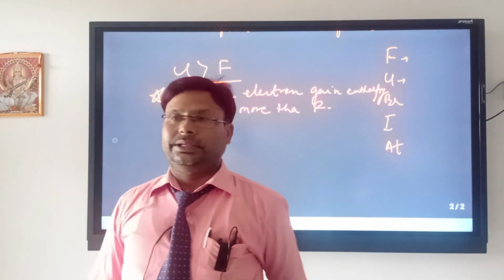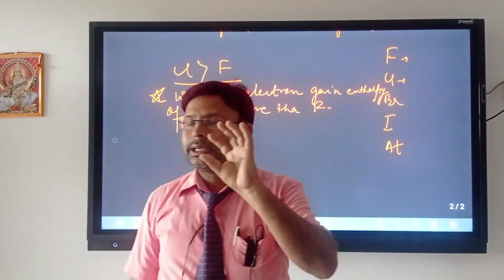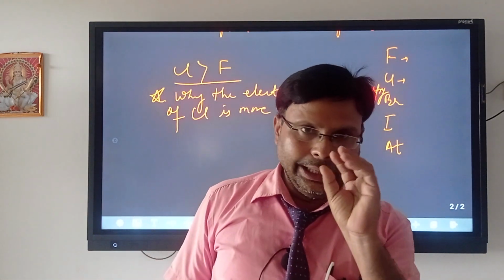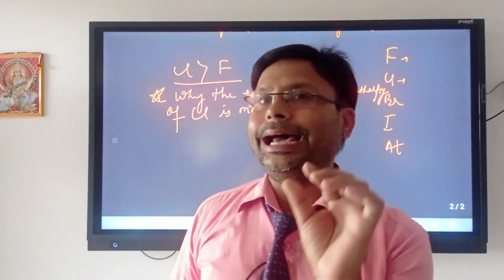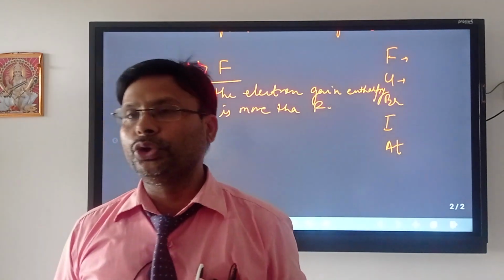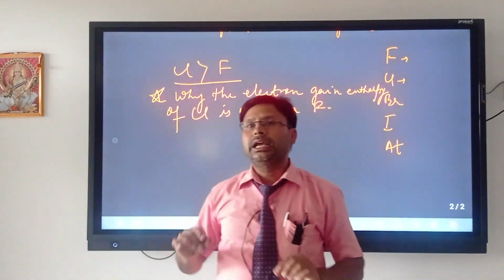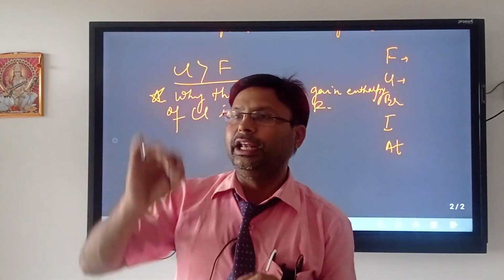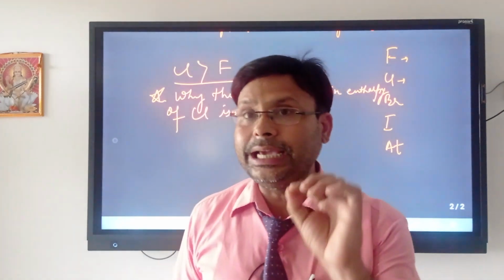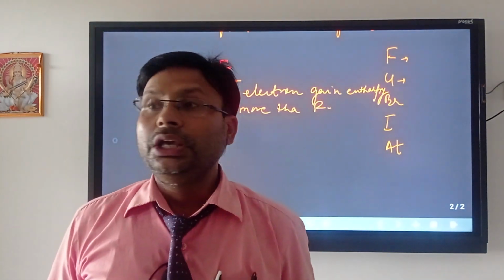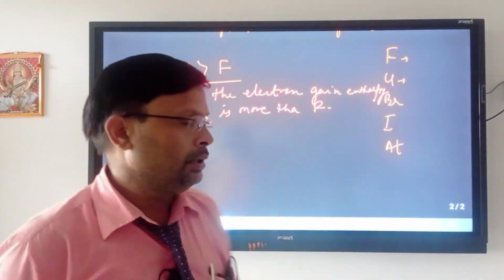If you see the electronic configuration or shell diagram of both elements, or if you consider the size of the element, you will find that the size of fluorine is much less than chlorine.